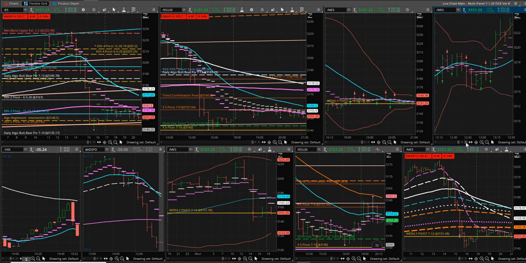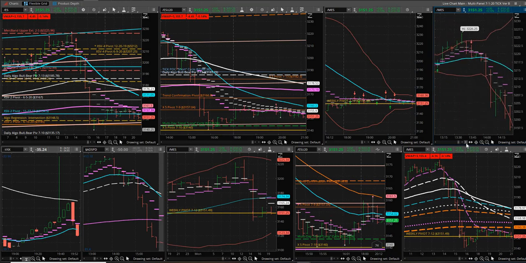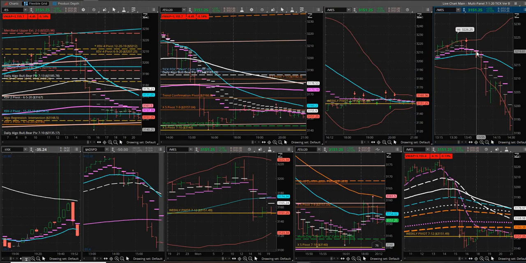But here's a better example. White's above the purple, price is above the Bollinger Band. Price comes down into the Bollinger Band. Now, at that point, how do you know if that's a dip buy that is going to continue to make higher highs or whether you're going to get a reversal?